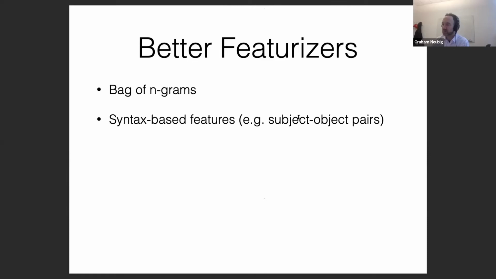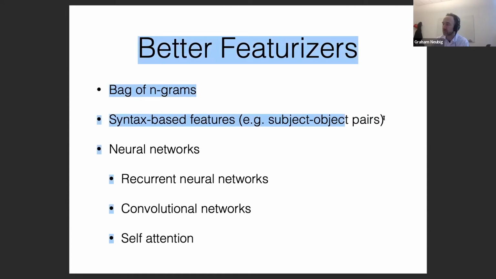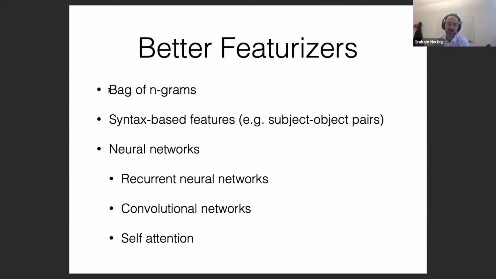You could also come up with syntax-based features like subject-object pairs, or neural networks, like recurrent neural networks, convolutional neural networks, self-attention. Until 2015 or so, it was very common to use handcrafted features, or at least handcrafted feature templates, and throw them into a support vector machine model or something like this to do text classification.